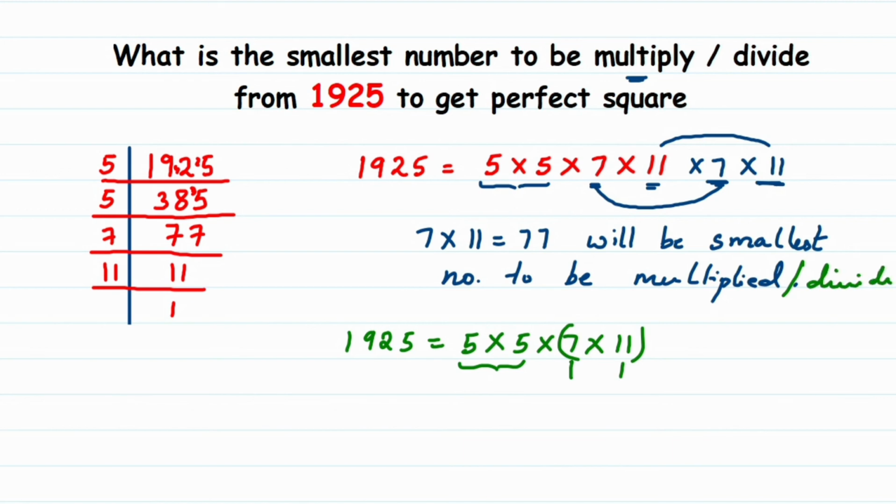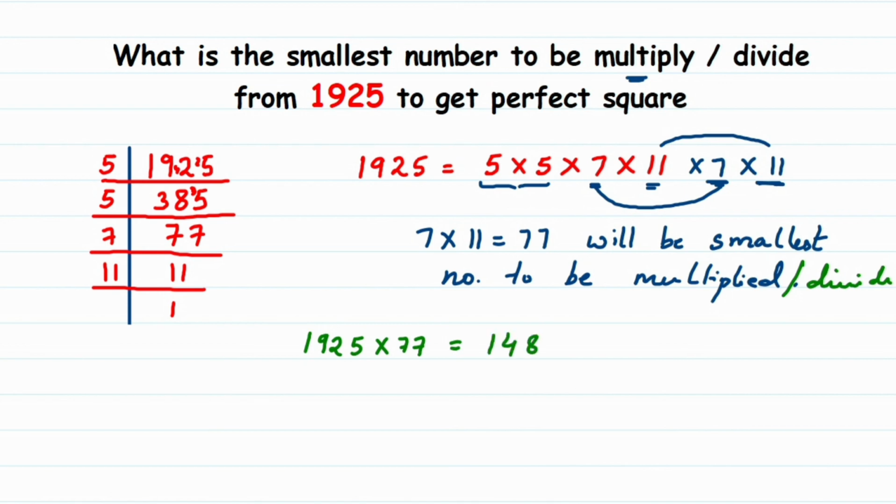Now you might be wondering what the number will be. If I multiply 1925, which is not a perfect square, with 77, because 77 was the smallest number, I'll get a huge number, that is 148225, and this number is a perfect square, and the square root of this number is 385.